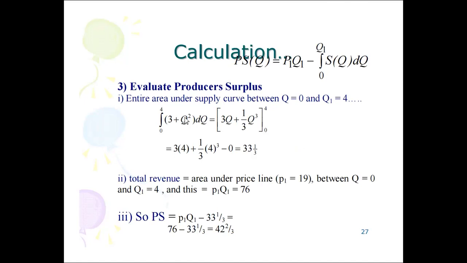So 0 to 4, quantity 4, and this is the supply function. So the area under the supply curve, we get 33 by 3. So total revenue P1 Q1, you must know, is price multiplied by total quantity. So 76. So producer surplus will be 76 minus this area under the supply curve.